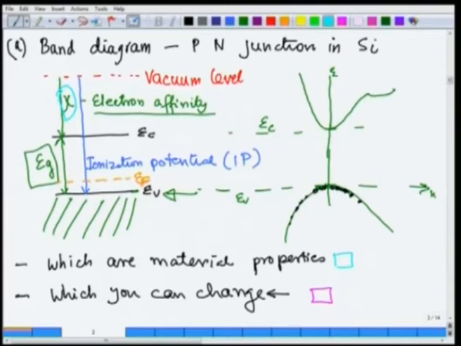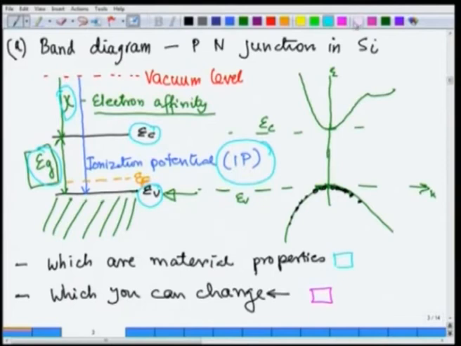Once silicon is specified, its conduction band edge is specified, and hence electron affinity is specified. The band gap of silicon is fixed, you can't change that. The valence band edge is specified, and so is the ionization potential. All these quantities are material properties. Once you say silicon, they are all already set.